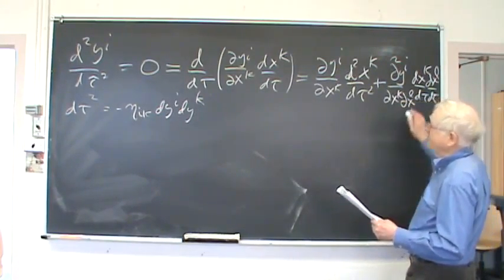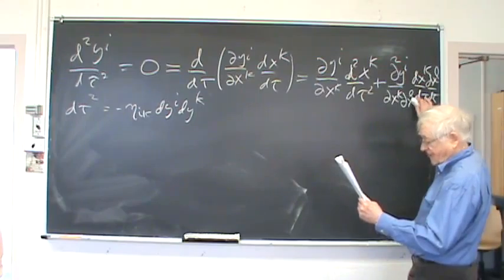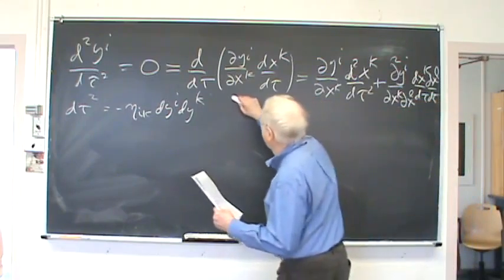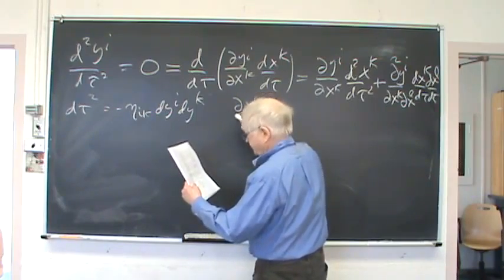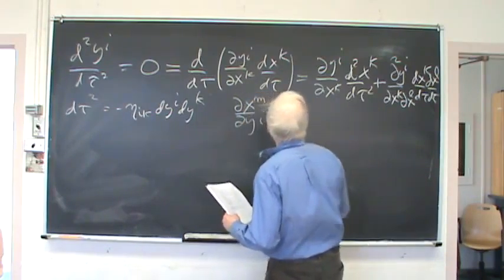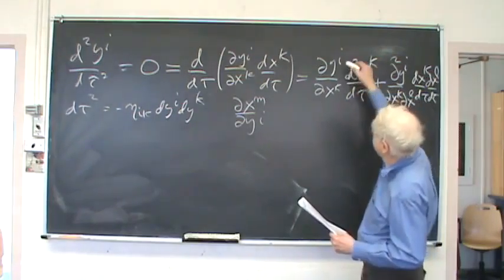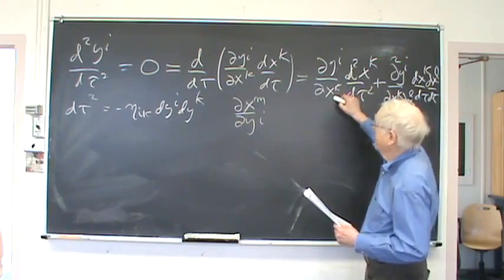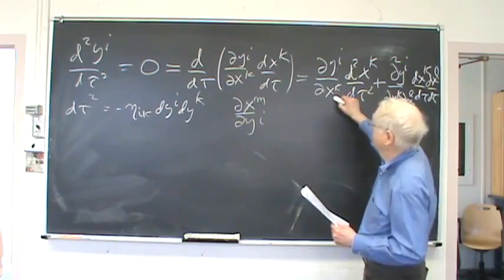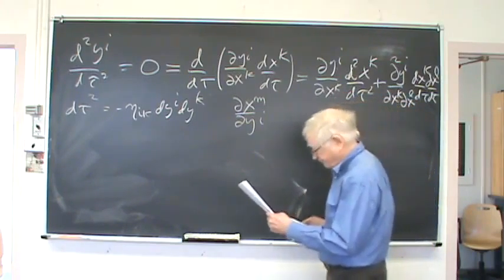Now we multiply both sides of this equation by partial xm partial yi, and that's to cancel this term, to make this a delta km.